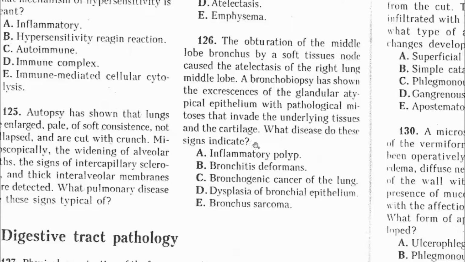What disease do these signs indicate? Now, when they talk about atypical epithelium, it means what? A tumor or cancer. Therefore, our answer is bronchogenic cancer of the lungs. So your answer is C.